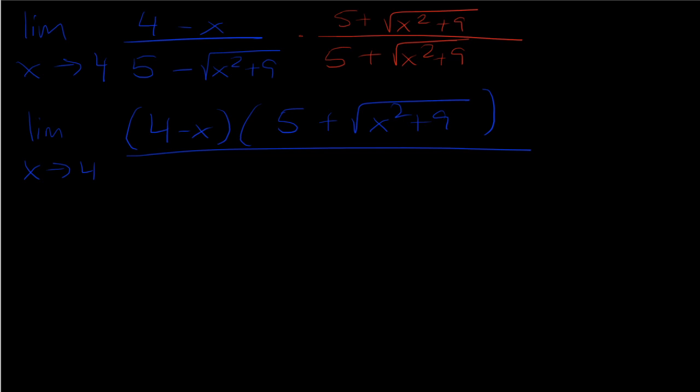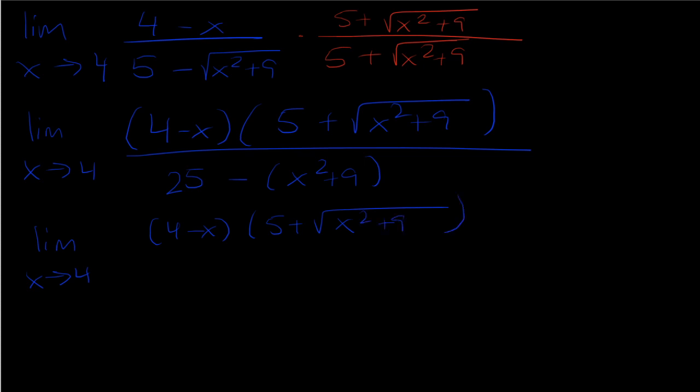And the bottom is a difference of 2 squares. So we have 5 squared minus the square root of x squared plus 9, squared. I'm going to rewrite the top as it is, and then the bottom is going to be simplified. So I have 25 minus 9, which is 16, so it's really 16 minus x squared. And that can be factored further.